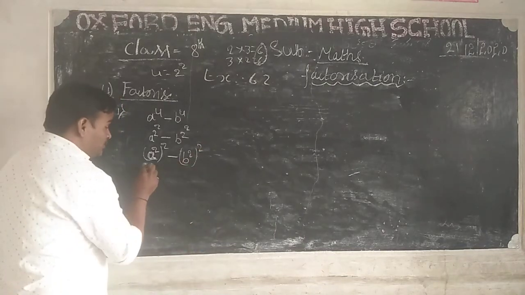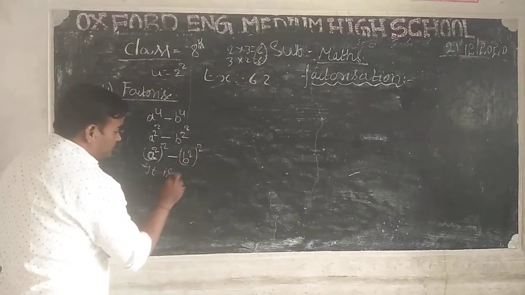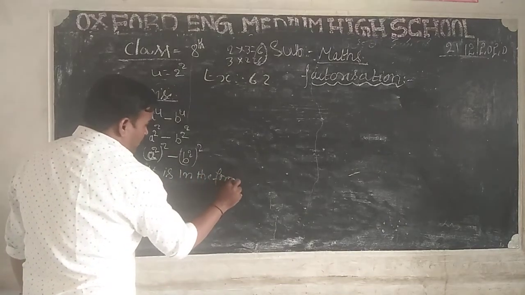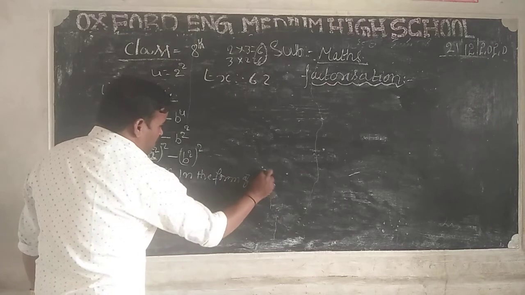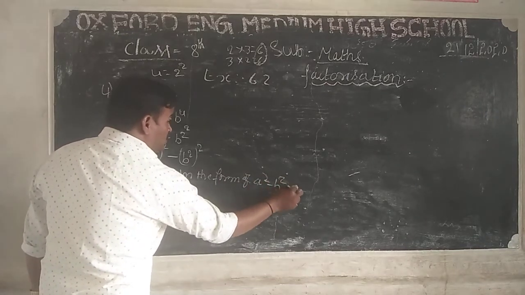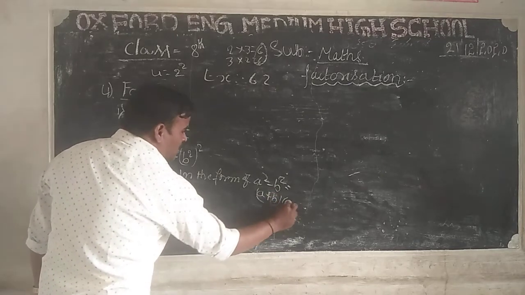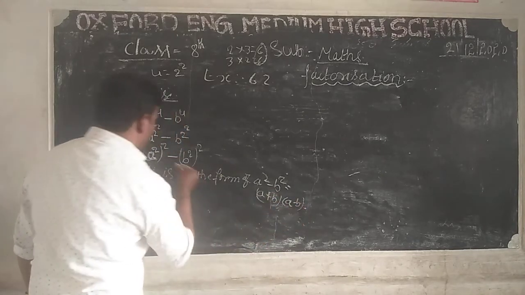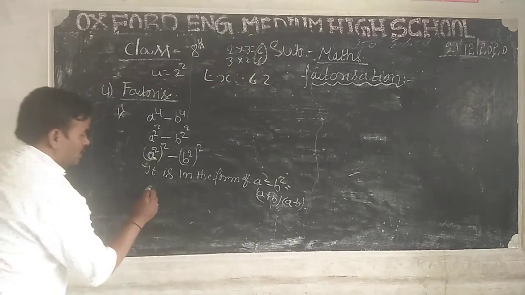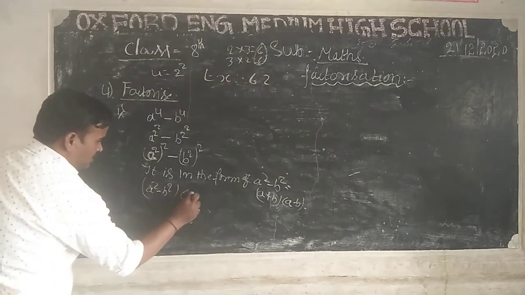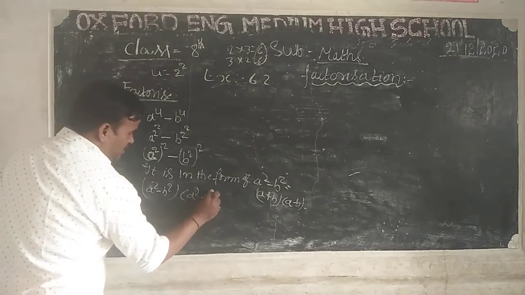Now it is in the form of a square minus b square, which is a square plus b square into a plus b into a minus b. By using this identity you expand it: a square minus b square into a square plus b square.